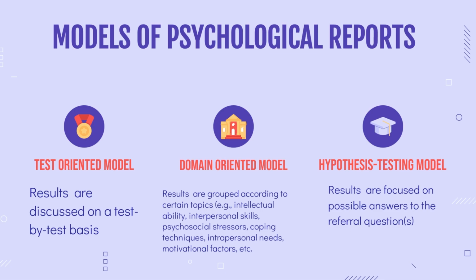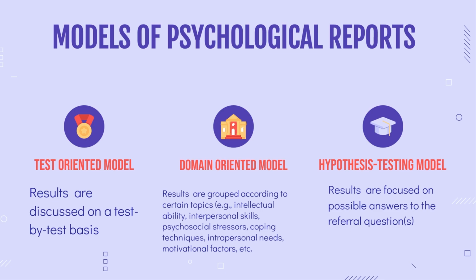Then we have the domain-oriented model, where results are grouped according to certain topics, for example, intellectual ability, interpersonal skills, psychosocial stressors, coping techniques, interpersonal needs, and motivational factors. And of course, the hypothesis testing model, where the results are focused on the possible answers to the referral question.